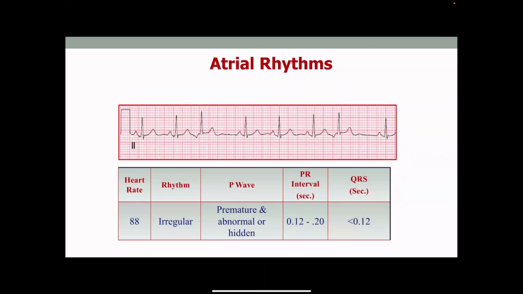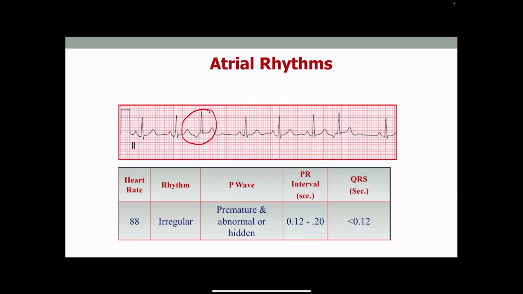Atrial tachycardia. Okay, I see why you would think that, but think something else. It's an atrial thing because of the P wave. What do we call this one? It's coming too early. It's the premature atrial contraction. Yes, exactly.